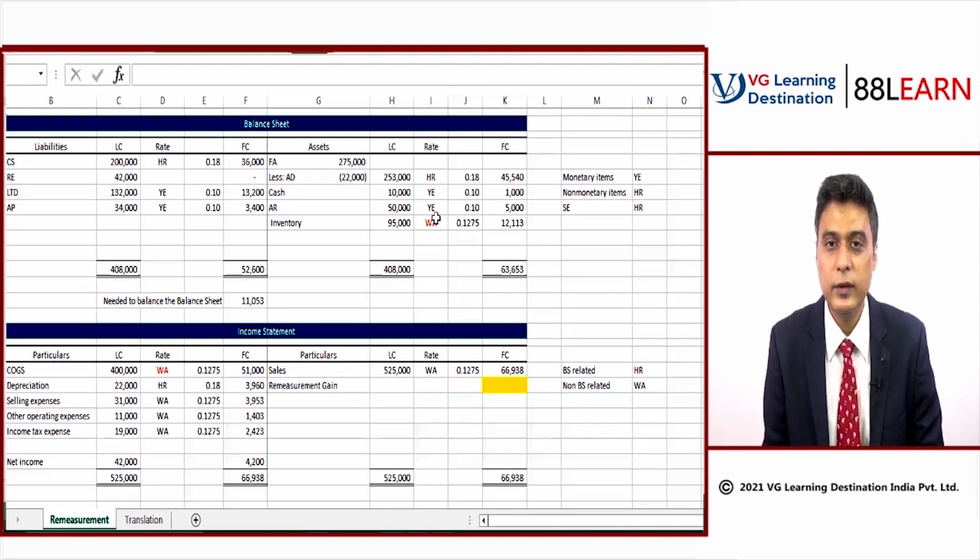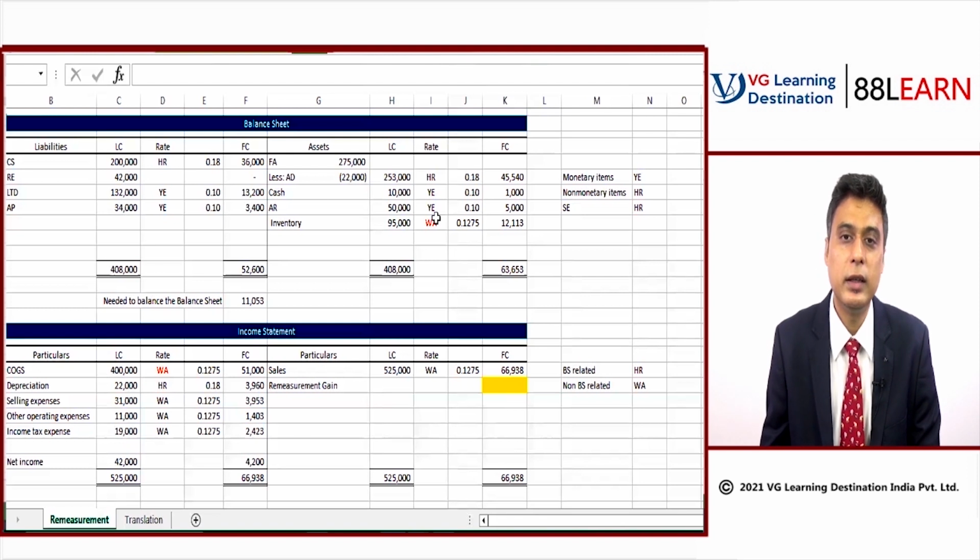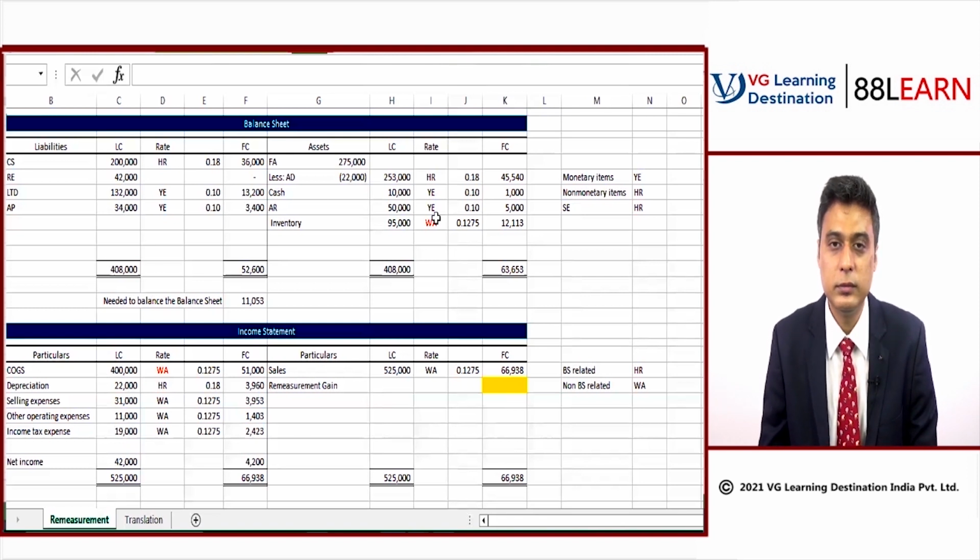If you have cash in your company, right, hard cash in your company, that's not going to change in value, right? If you keep 100,000 of your local currency in the drawer and you keep it for 1 year, after 1 year when you open the drawer, it's going to still remain the same. It would not have changed in value, right? Accounts receivable. If your accounts receivables are supposed to give you $100,000, they will still give you $100,000 even after 6 months, or even after they pay after 1 year.